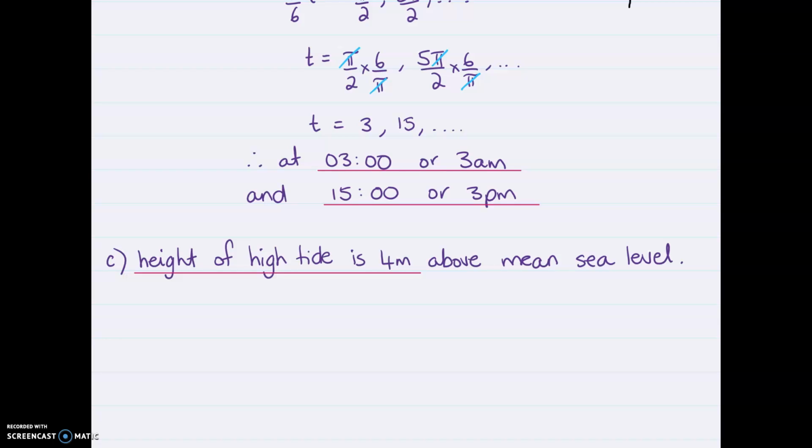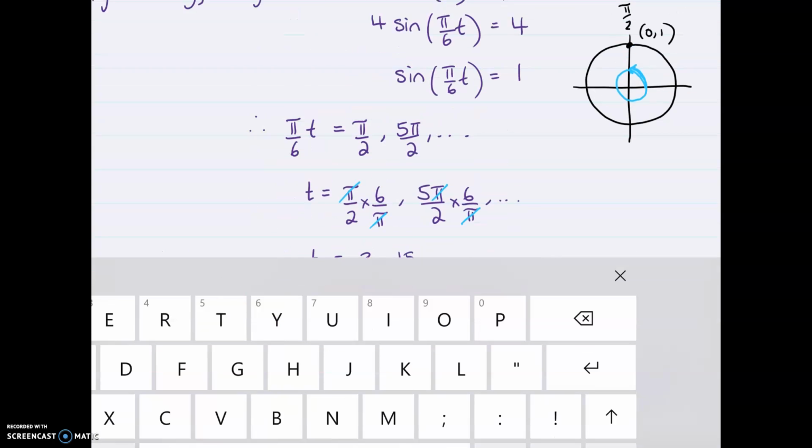Part D is asking us for what was the height of the tide at 8 a.m. So when t is 8 hours after midnight, what is the height at that point? So one way is we can solve it algebraically. Of course, you could just look at your graph.